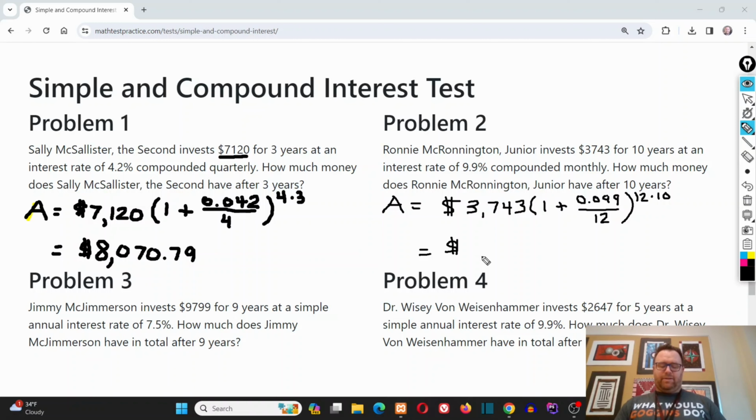And we get about $10,000. That was a big interest rate. So $10,032.46.